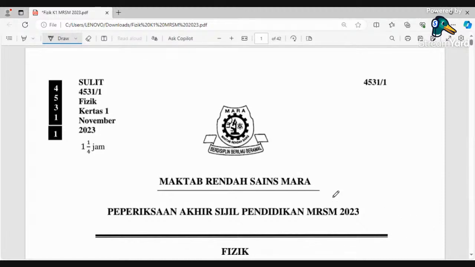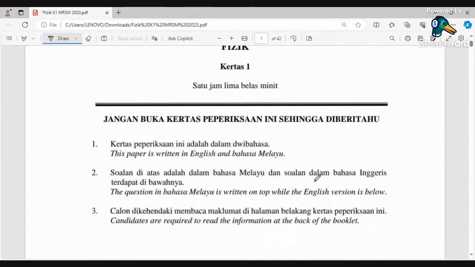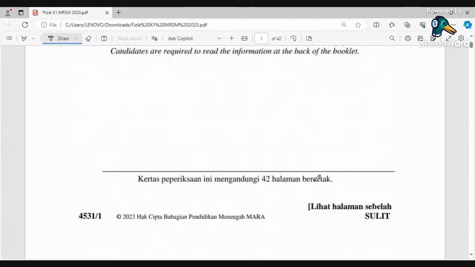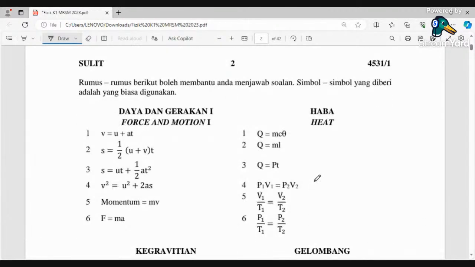Okay, as usual when you get the paper 1 question, apa yang you perlu buat, you just go through, especially the formula part. Formula arranged according to the chapters.